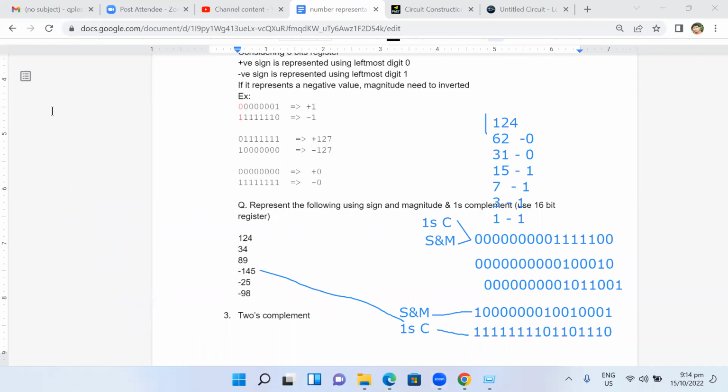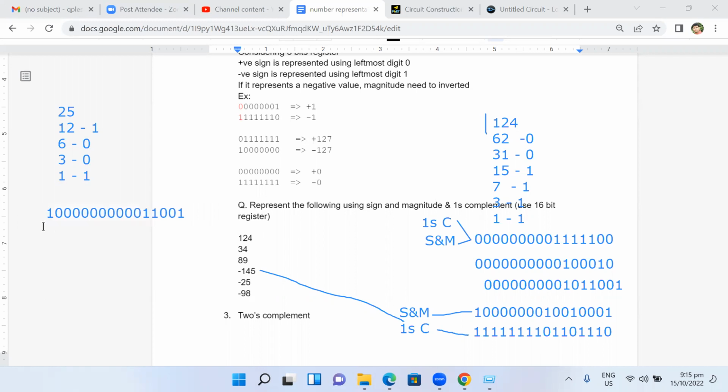Then 25, 12 remaining 1, 6 remaining 0, 3 remaining 0, 1 remaining 1. So the value is 1 1 0 0 1, padded up to 16 digits, and the value is minus, so the sign bit is 1 here.